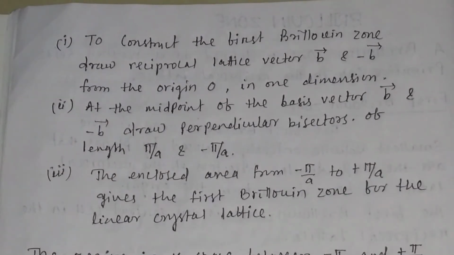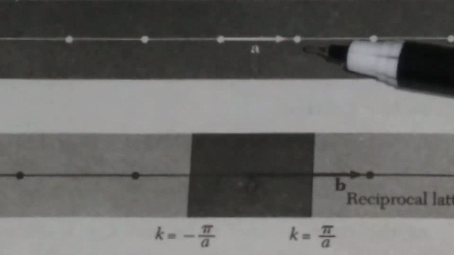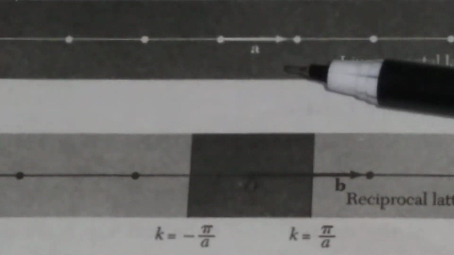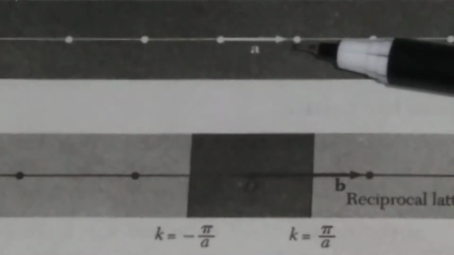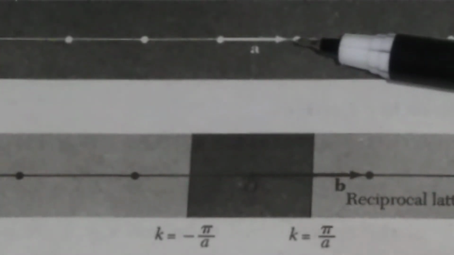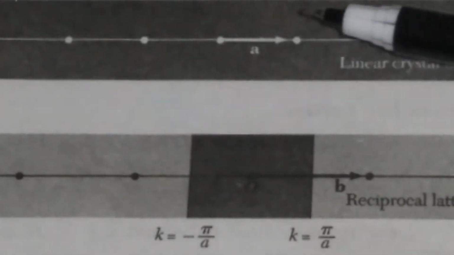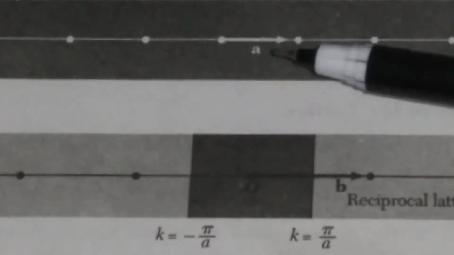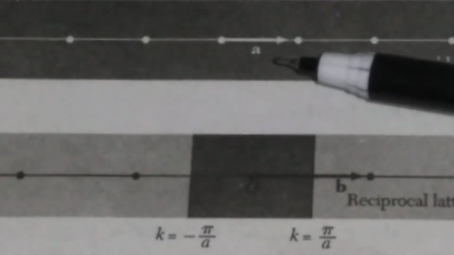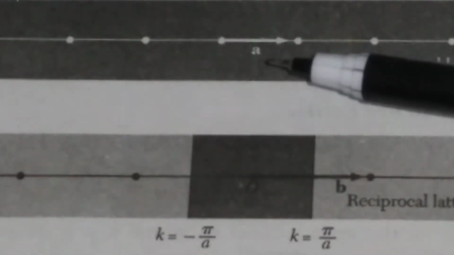linear crystal lattice. In the figure shown to you, this is the A vector, a linear crystal lattice in 1 dimension having basis vector A. What will be the reciprocal lattice of this basis vector A?